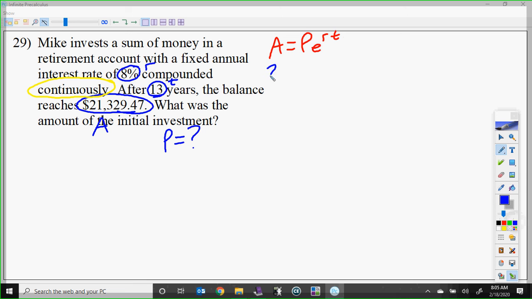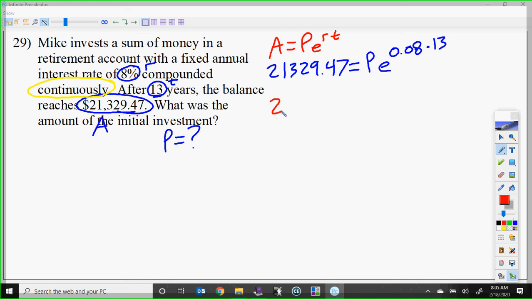My A is 21,329.47. We don't know what P is. E to the 0.08, gotta change that R to a rate, times 13. Okay. I'll do this one in 2 steps, but you really could do this just in 1 step by dividing that over.